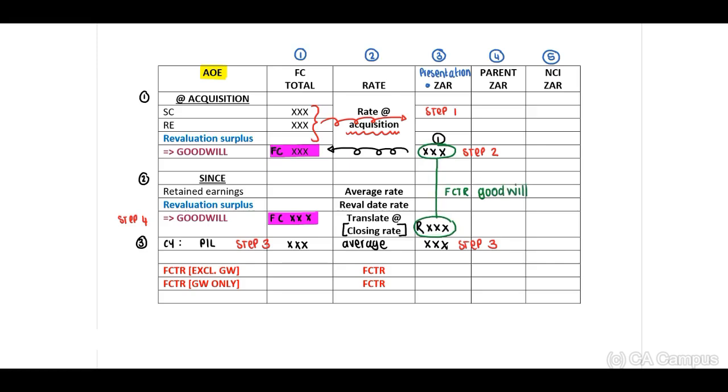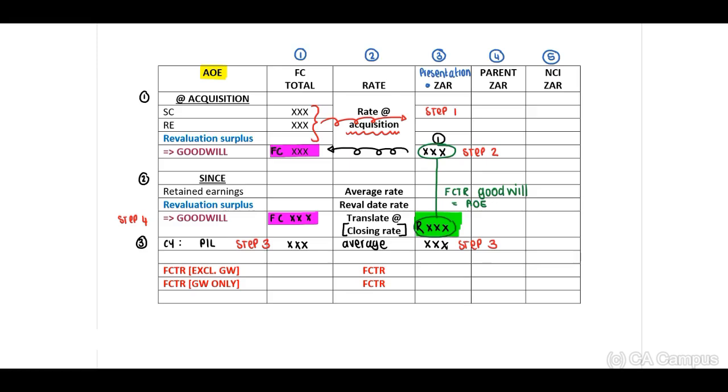Now, important to identify, guys. The FCTR relating to the goodwill, you will include in your analysis of owner's equity. You're not going to include this rand value total. I'm only using this to explain to you the principle. Okay. Now, step 5. Step 5, you need to translate your year-end total foreign currency of your owner's equity.